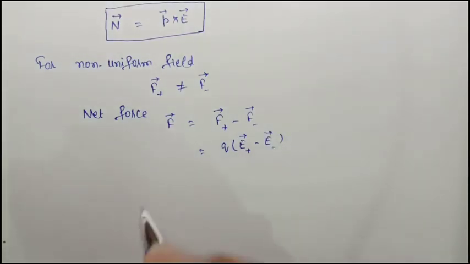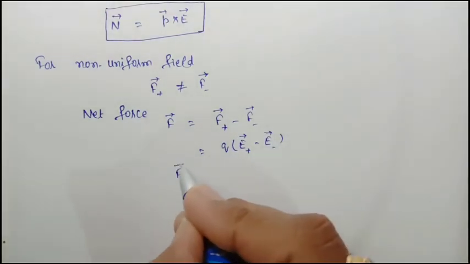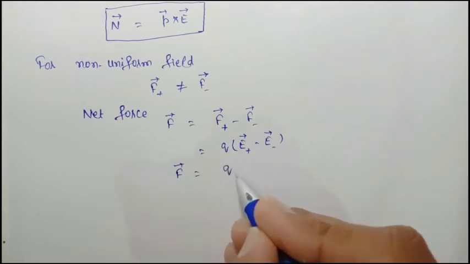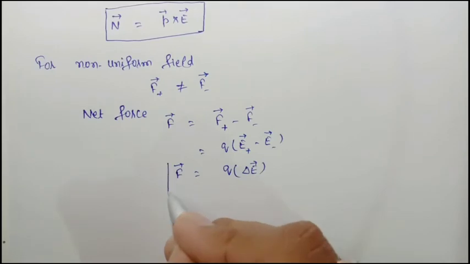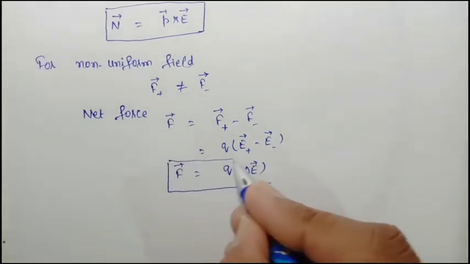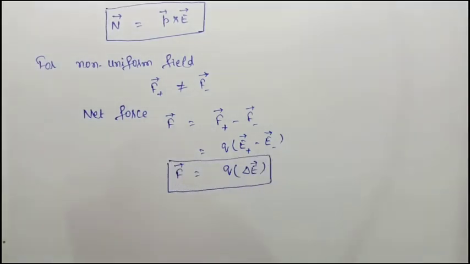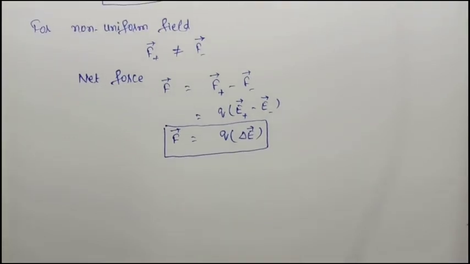This is a very small difference, so we can write force is equal to Q delta E. So when we have a non-uniform field, the net force is equal to Q delta E, and in case of a uniform field, the net force is equal to 0.